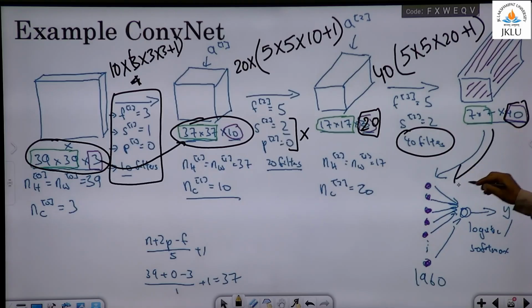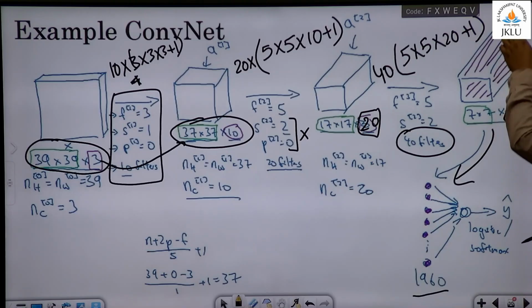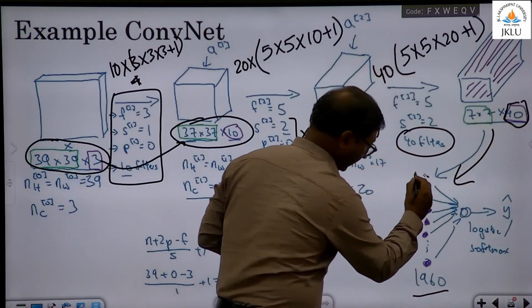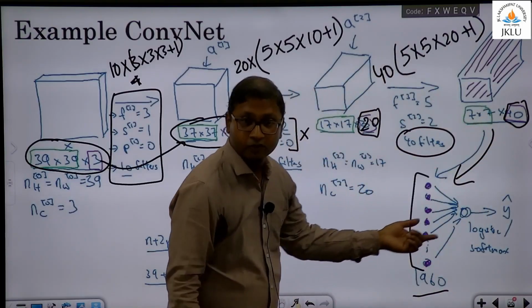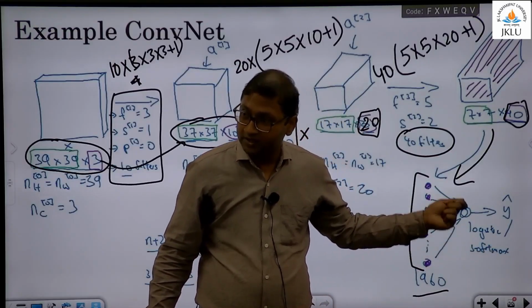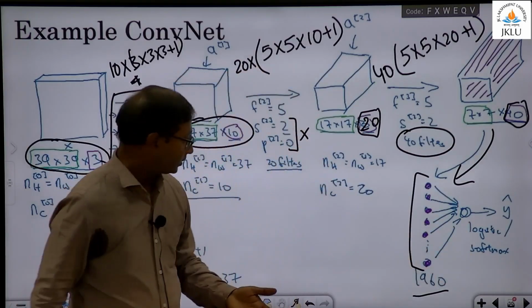And then finally what you did here? 1960. You just flatten this whole cuboid. 7 cross 7 cross 40 is 1960. Finally, in the end, if you see, it is good old logistic regression to say whether there is car or not.